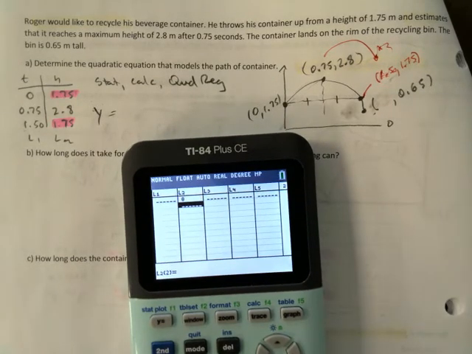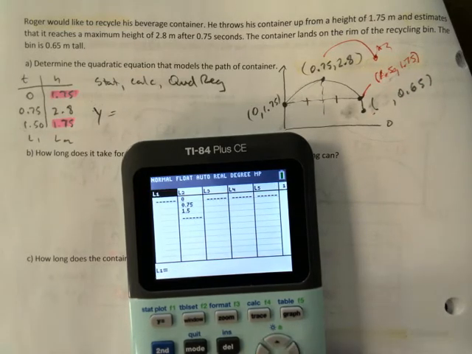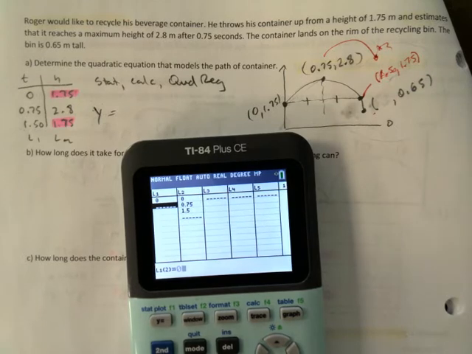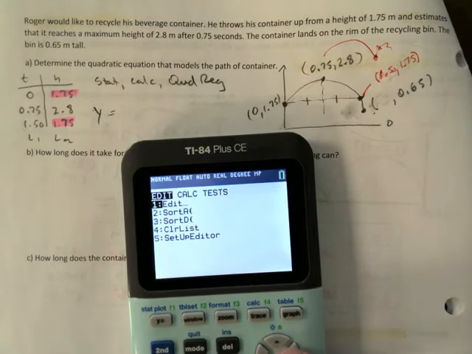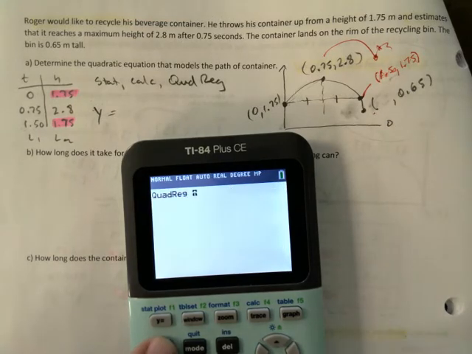0, 1.75, 1.5. Make sure you enter it right. I'm making a mistake right there. You see it? Let me redo it. There's no multiplying or anything like that, just like the profit question. There we go, stat calc. What is it?